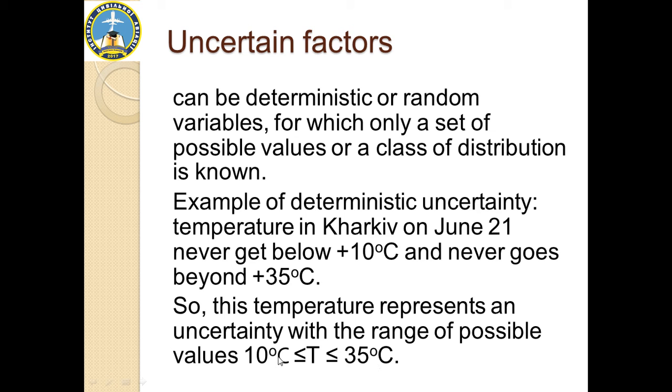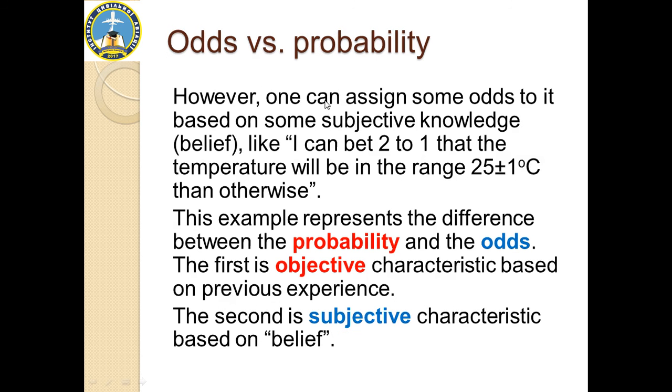We can add some belief and express our uncertainties in terms of beliefs. Sometimes we can rely on objective knowledge in the form of a distribution, or express our degree of belief in the form of odds. The probability is an objective characteristic.